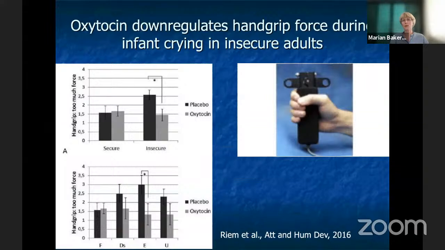Moreover, if we look at squeezing the hand grip dynamometer, it was the same pattern. For secures, it did not matter so much whether they were in the oxytocin or placebo condition, but for the insecures, it did matter, and oxytocin did reduce the excessive force in the hand grip dynamometer during crying.